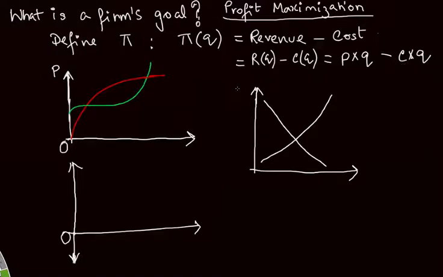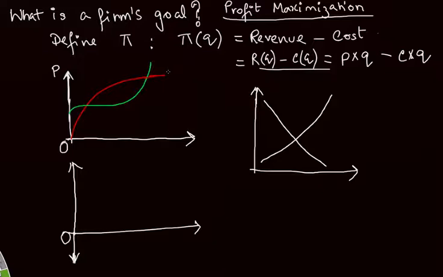Now let us try to graph or see the picture of this profit function. That means we need to look at the difference between revenue and cost. We already know that the total revenue function looks like an upward sloping curve.